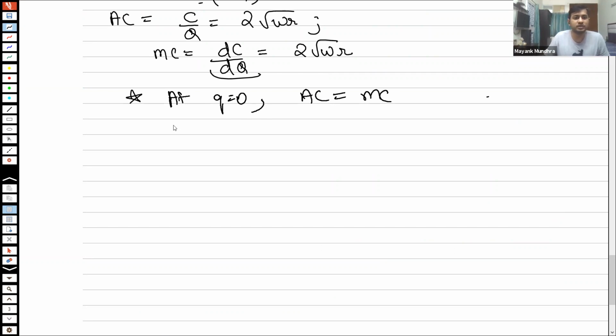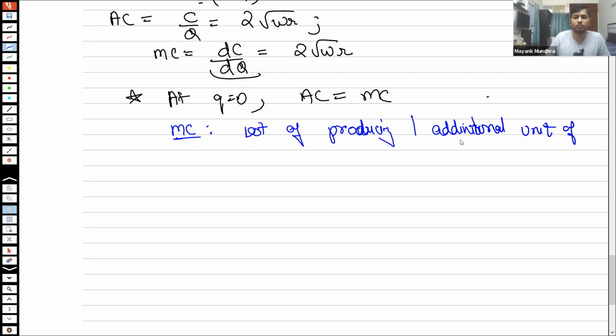So the reason this is true is that marginal cost is defined as the cost of producing one additional unit of output. That is marginal cost. And what is average cost? Average cost is cost upon quantity. So imagine that you are at Q equals 0.